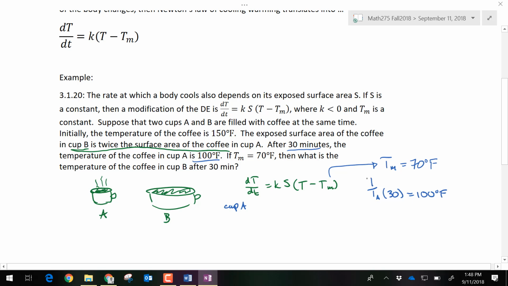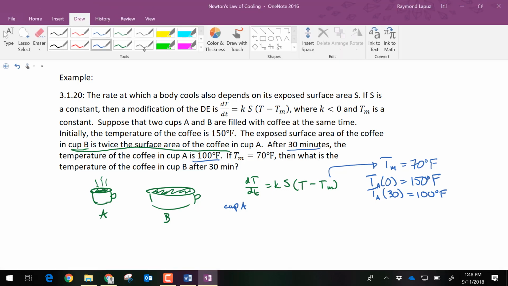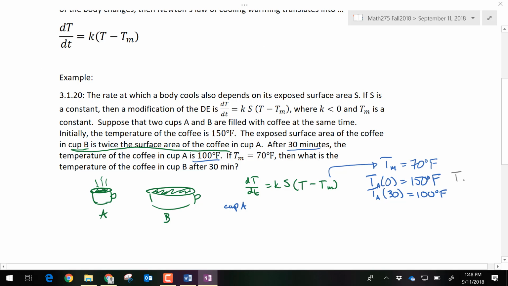T_A of 0 is 150 degrees, which also happens to be the same for the other one. It's also 150 degrees. Okay.